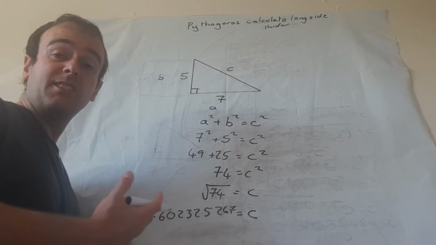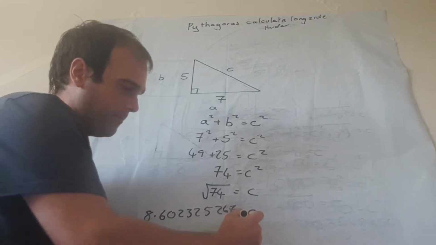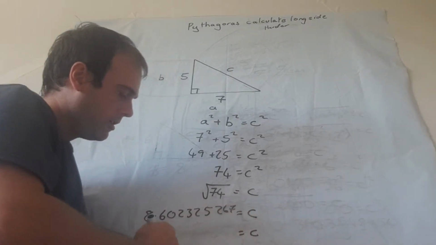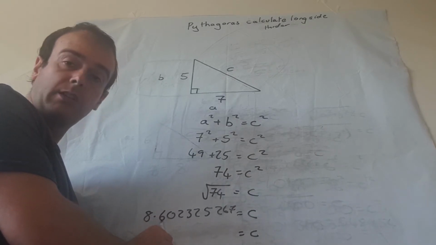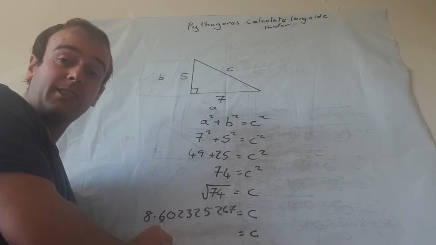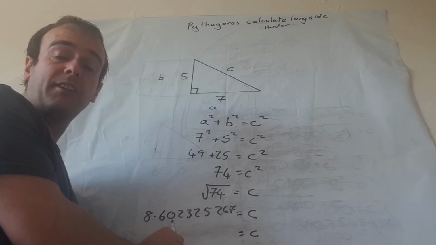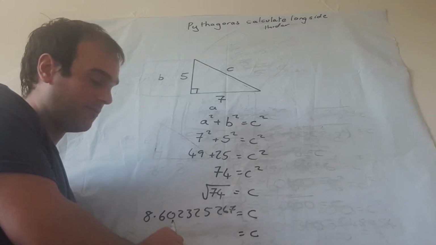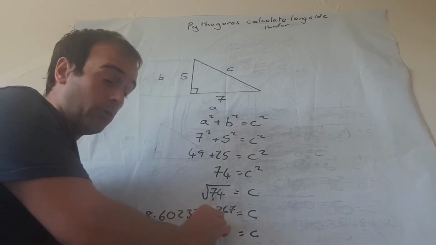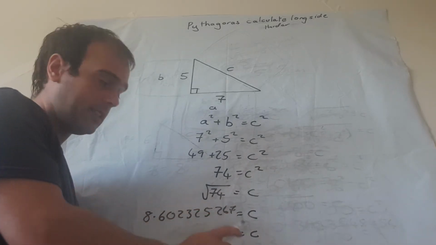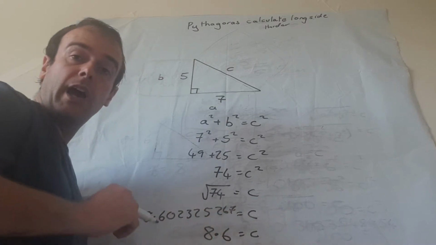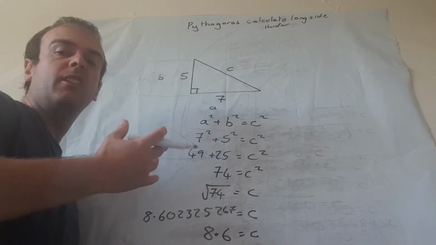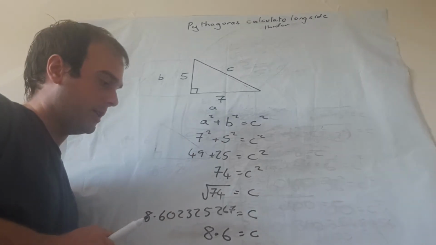In this instance, I'm going to go to 1 decimal place. I look at the first decimal place, which is 6. I look at the one after it, that's 0. That's less than 5, therefore I just ignore all of it. It's too small and insignificant for me to care about. So I go 8.6 centimeters or meters or whatever it may be.